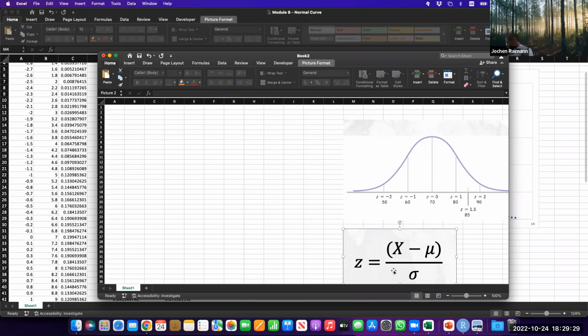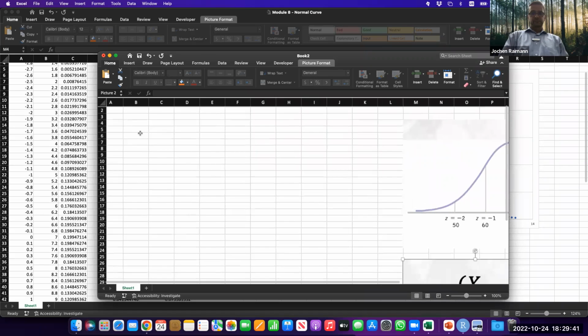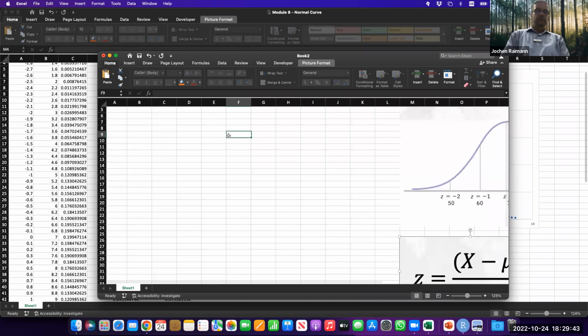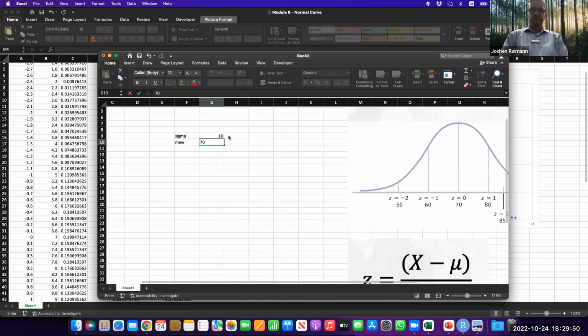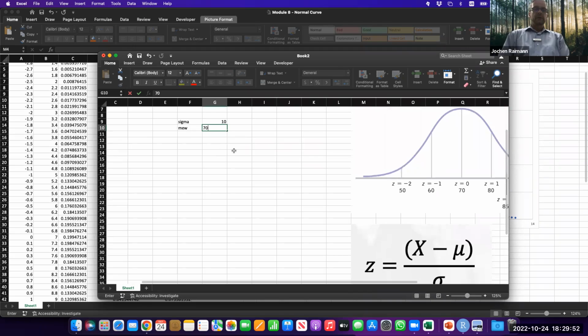So now we know that the standard deviation is 10, right? From 70 to 80, that's 10. So our sigma is 10. Our mu is 70, right? You've seen that.